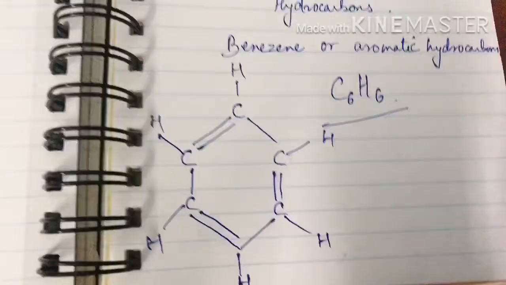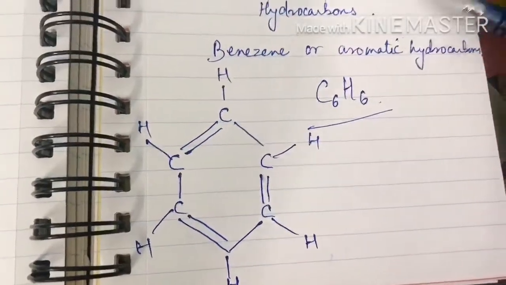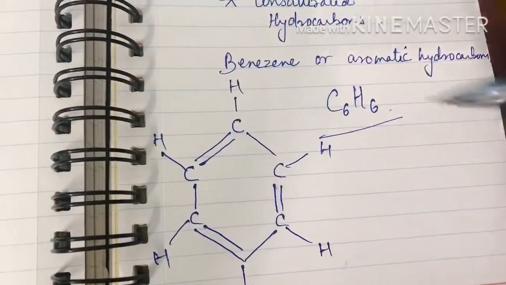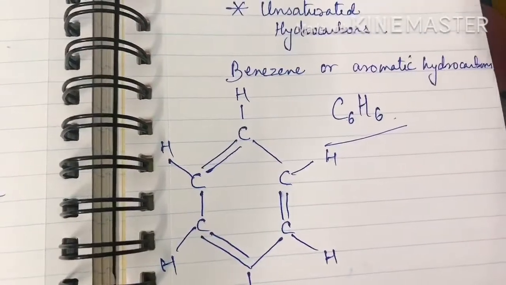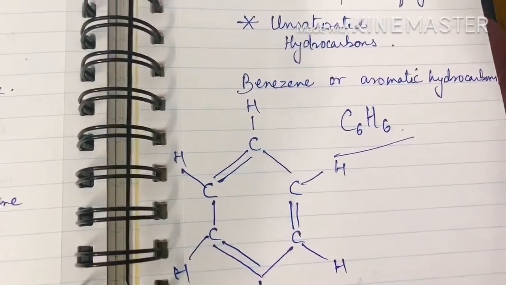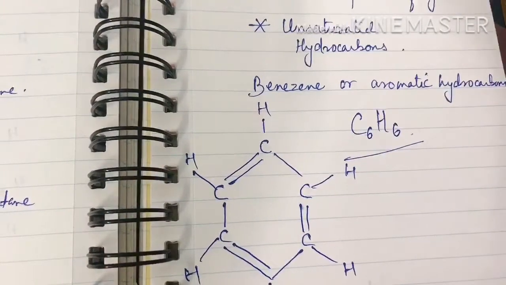Students, I just want to tell you about benzene. Benzene was discovered by Michael Faraday. It is a natural substance which we get from volcanic eruptions, and it is also present in different kinds of plants.